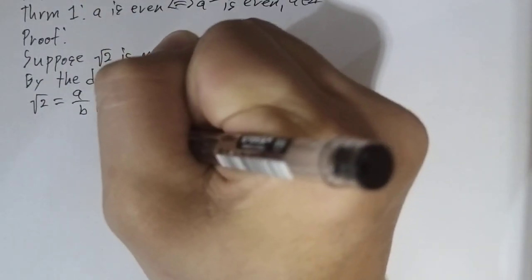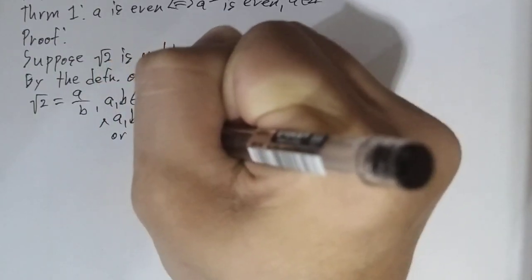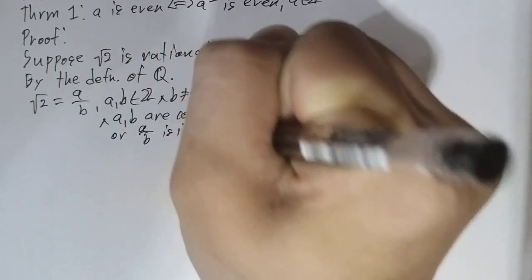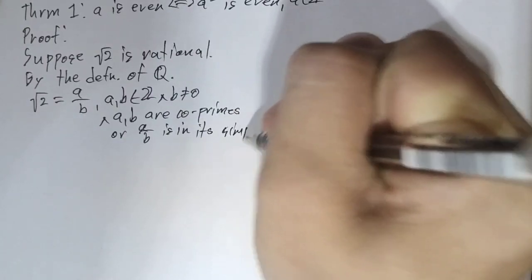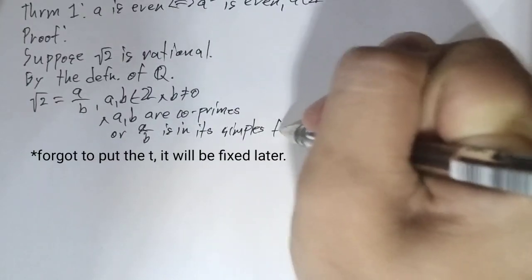We can also say that a over b is in its simplest form.